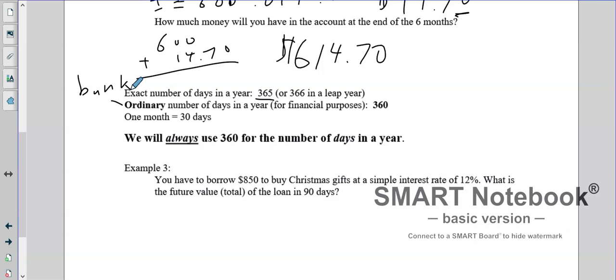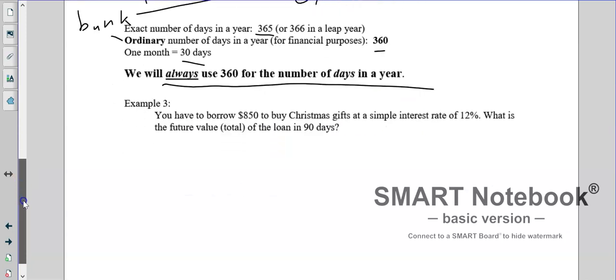This is for them, okay? And 1 month is 30 days, okay? So obviously there's months with 31 days, there's months with 28 or 29 in a leap year, but they use this for a month. So to make calculation easier, they use 360 for a year and 30 for a month, okay? But we will always use this in this unit, okay?